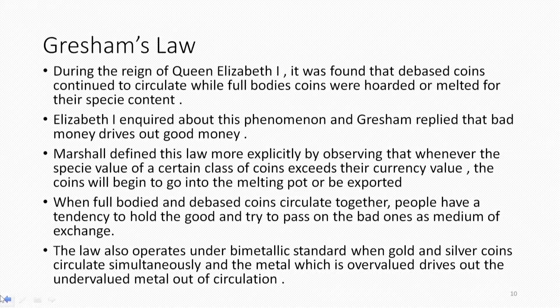Next, one important topic when we talk of money is Gresham's law. Now the question arises, what is Gresham's law and how did it come into existence? During the reign of Queen Elizabeth I, she was quite worried as she found that the debased coin continued to circulate while the full-bodied coin were hoarded and melted to their specie content.